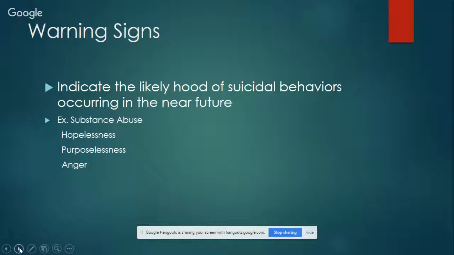Along with risk factors, assessment tools also help clinicians assess warning signs. Warning signs indicate the likelihood of suicidal behaviors occurring in the near future.